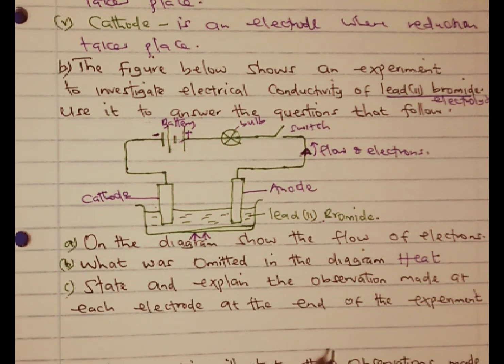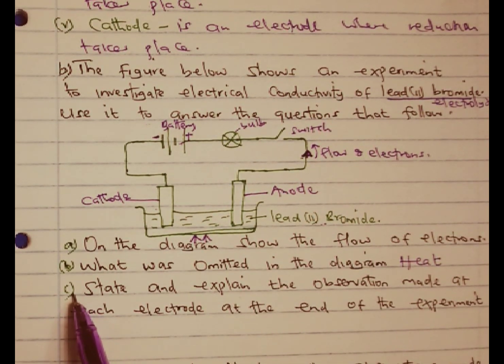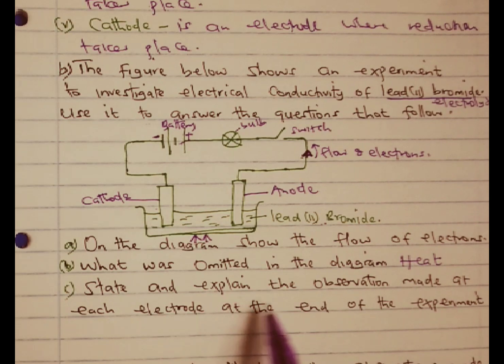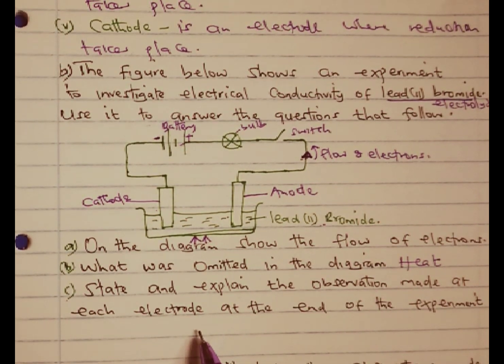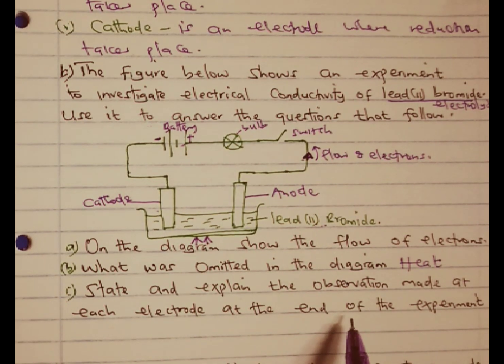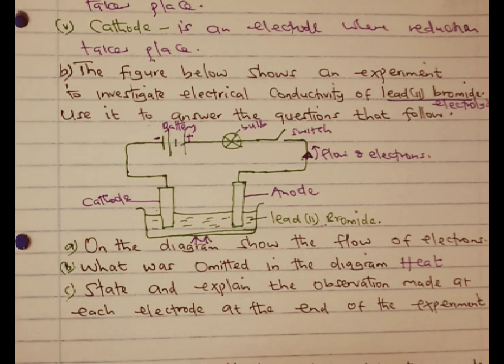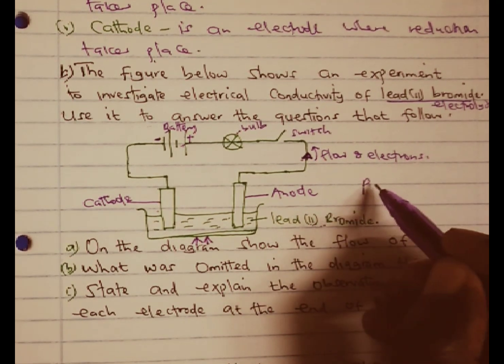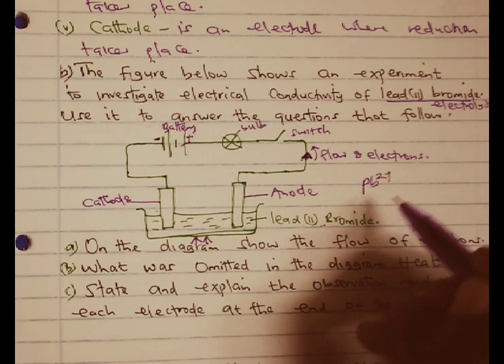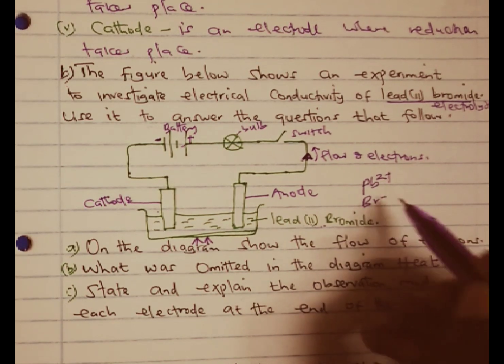We move down to the questions part C. State and explain the observations made at each electrode at the end of the experiment. Remember, lead-2 bromide contains lead-2 ions and also bromide ions.